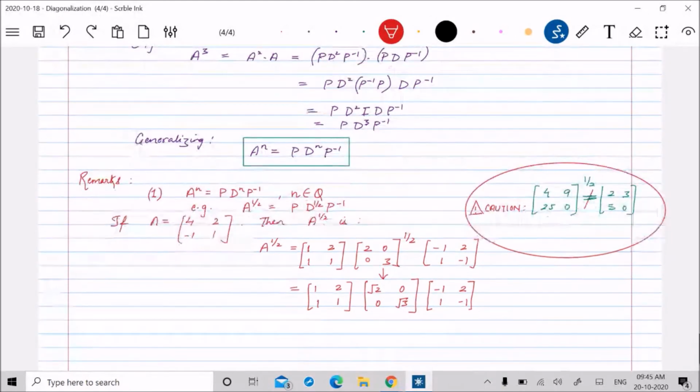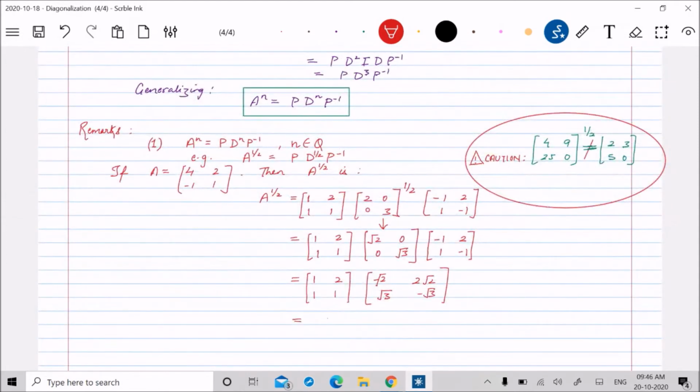Okay. Now you need to multiply these matrices 1, 2, 1, 1. If you multiply this, you will get minus root 2, and you will get 2 root 2, root 3, and minus root 3. Now you multiply these things.